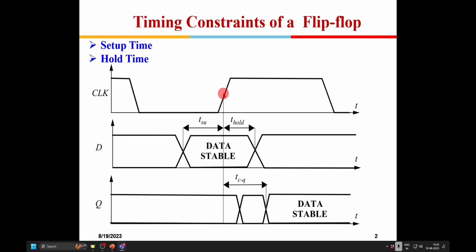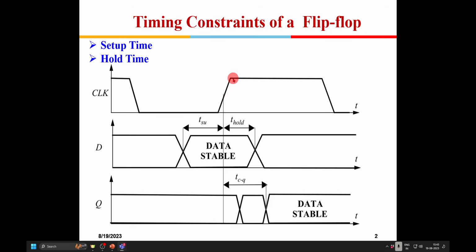If the data is going to change within this setup duration, then this data may not be captured correctly. So for the data to be captured correctly by the flip-flop, it is necessary that data gets stabilized before a duration of this T setup, that is, before the arrival of the clock. By a time known as setup time, the data needs to be stable.